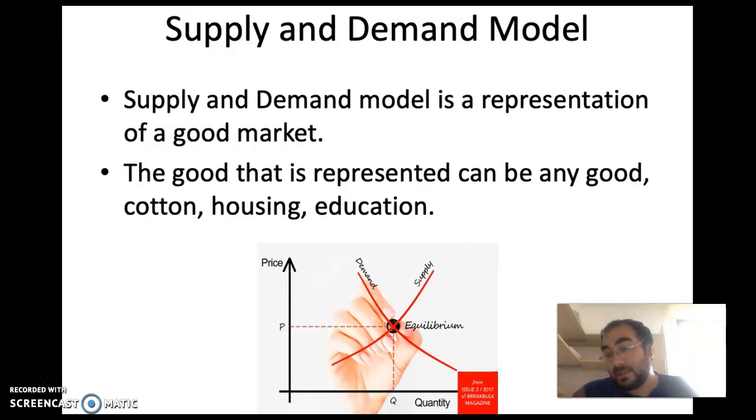And then you have things like education, which by itself is not tangible or physical, which is also a good, by the way. Different names can also be used, for example products, but not all goods are products. Products can be sold.